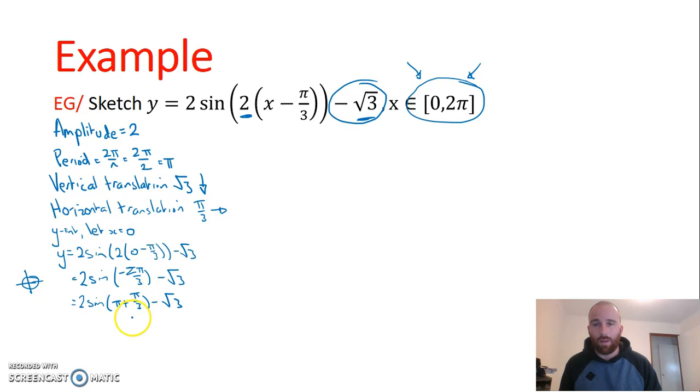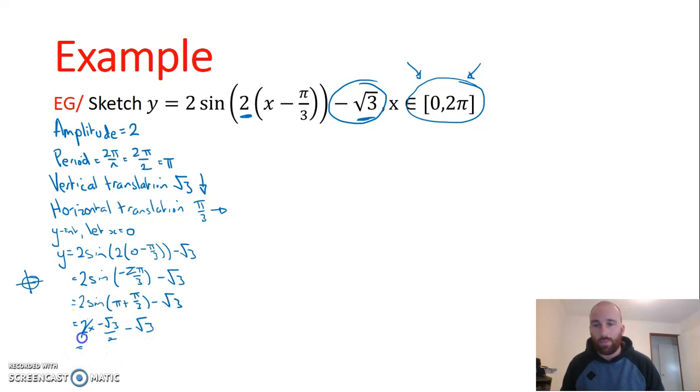Pi plus our pi on 3 angle, if you look at your unit circle, that little handout that I gave everyone the other week, sine is negative in that area. So this becomes 2 times negative, and sine of pi on 3 is square root 3 on 2. So square root 3 over 2, minus square root 3.